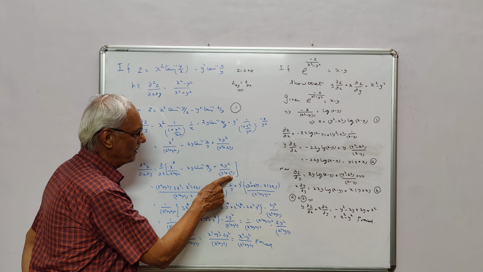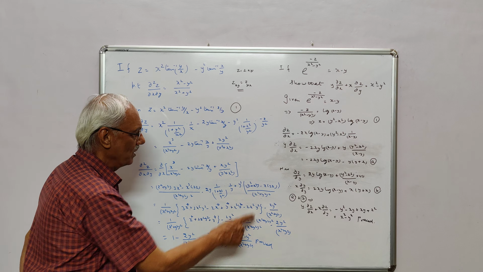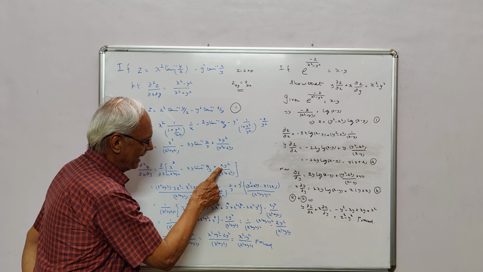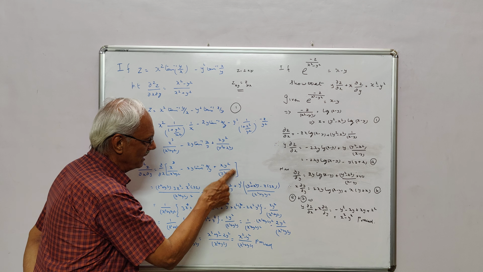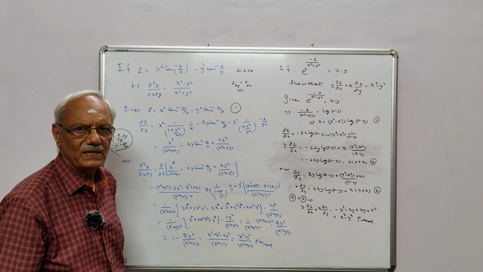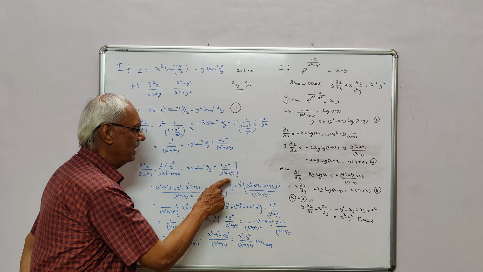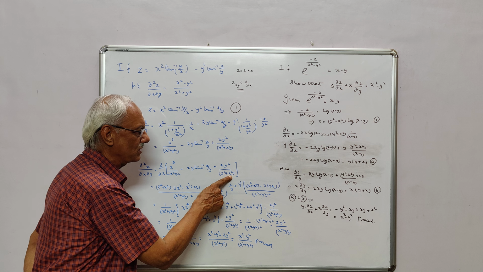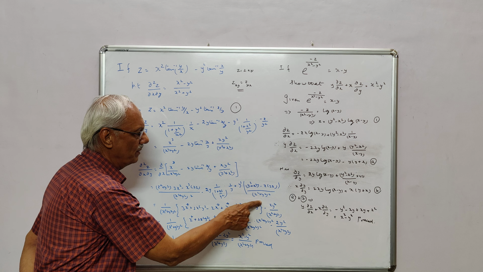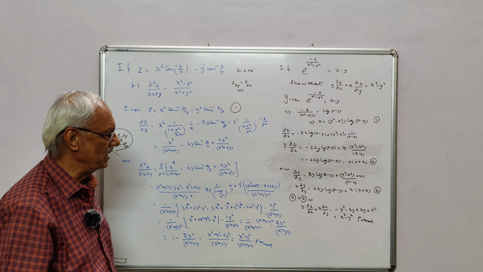Then y square plus x square into differentiation of x with respect to itself is 1, minus x into differentiation of y square plus x square. Differentiation of y square with respect to x is 0 because they are independent variables. And then with respect to x, x square means 2x, whole divided by x square plus y square whole square. After that, mere simplification.